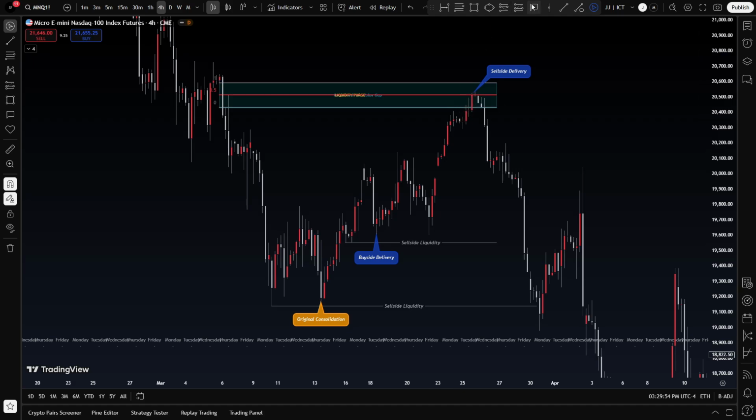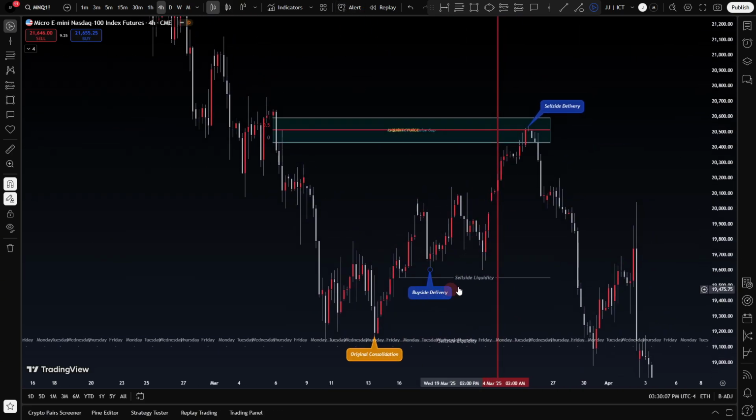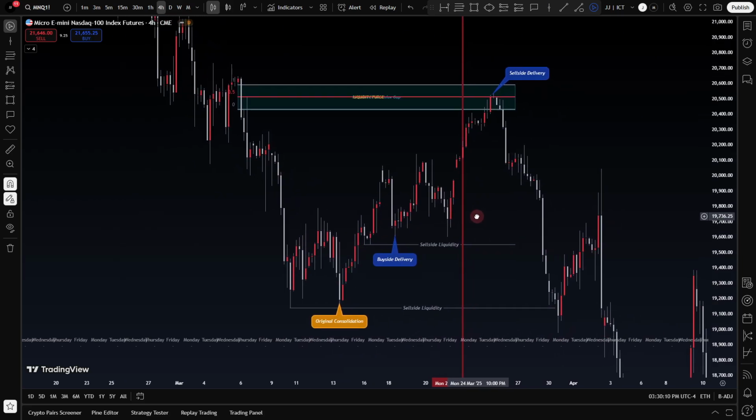So what I'm saying here is, if we were there Monday right here, and we're like, okay, we're in buy side delivery, so since price is going to manipulate, and the obvious order flow is bearish, price is going to manipulate higher temporarily to continue lower.